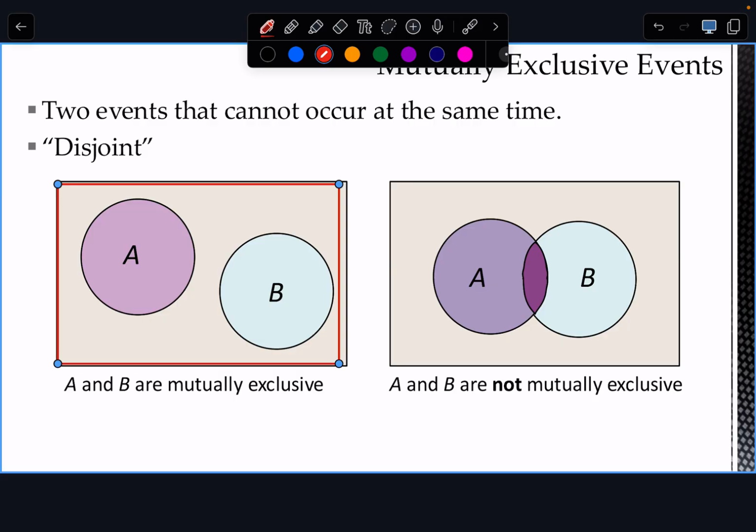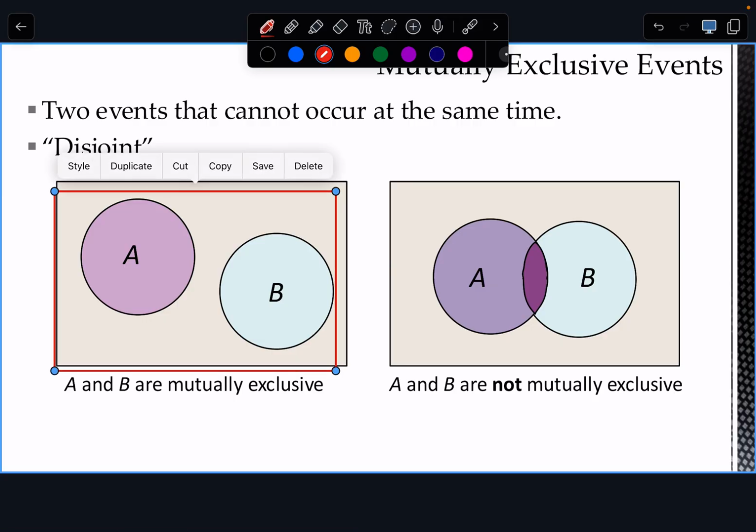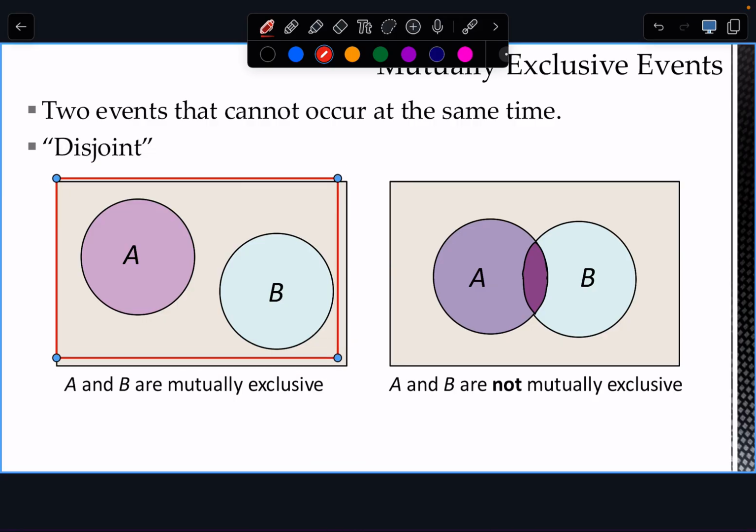For instance, in a deck of cards, event A might be drawing a diamond from that deck of cards, and event B might be drawing a heart.